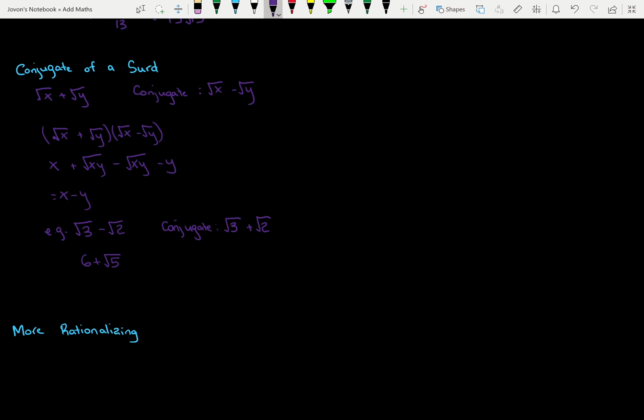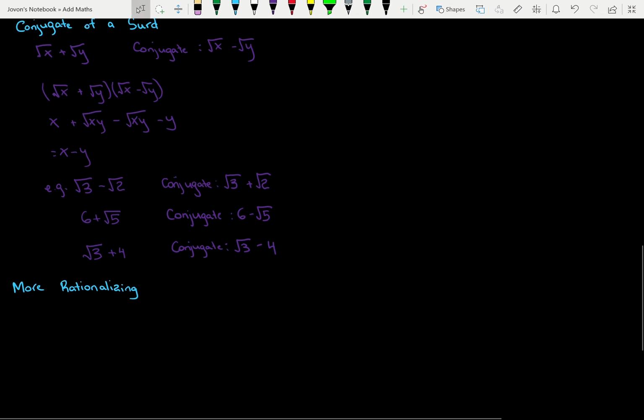Just one alone is in a square root. So the conjugate of 6 plus root 5 is 6 minus root 5. And let's say we have root 3 plus 4. The conjugate of that would be root 3 minus 4. Okay, and it's as simple as that.